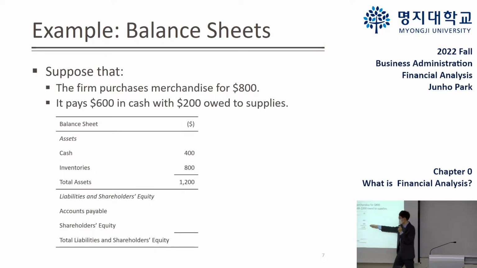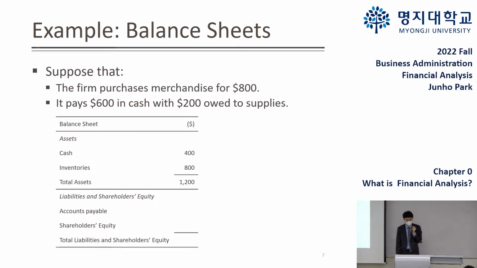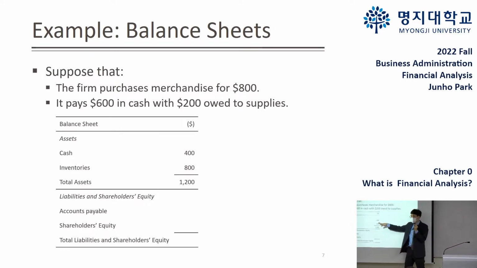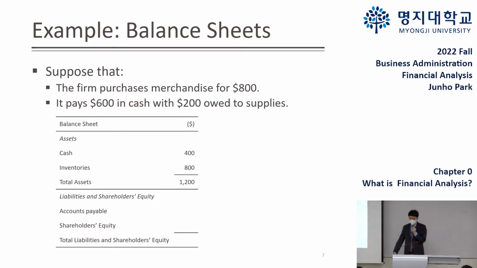So we call it inventories, and you have inventories worth $800. And then your total assets become 400 plus 800, which is 1,200.